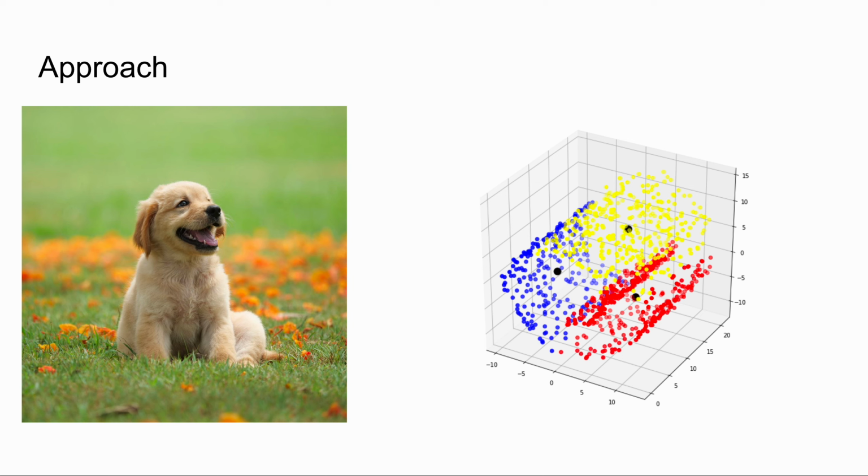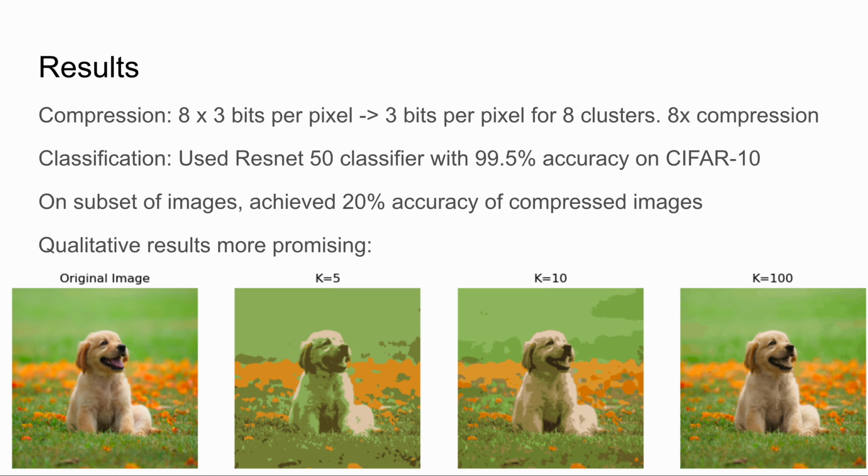Essentially each pixel can be represented as a location in three-dimensional space with each color some value between 0 and 255, and then we're assigning each of those pixels to its cluster center, which is also some color. And our results were actually very promising.